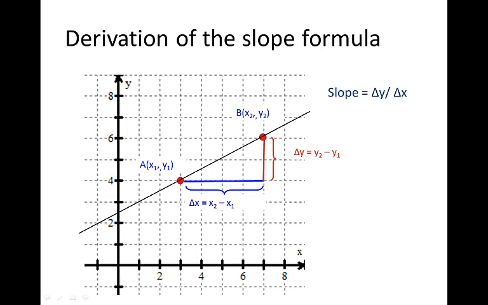So my slope, delta y over delta x, I'm just going to replace with what delta y is. It's the change in y. I just subtract my two y's, subtract the two x's. In this particular example, I've got numbers there. You could think of it that way if you wanted to. 6 minus 4 would be my delta y. You get 6 minus 4 up in the top, and then 7 minus 3 or 4 in the denominator. And then you can simplify that.